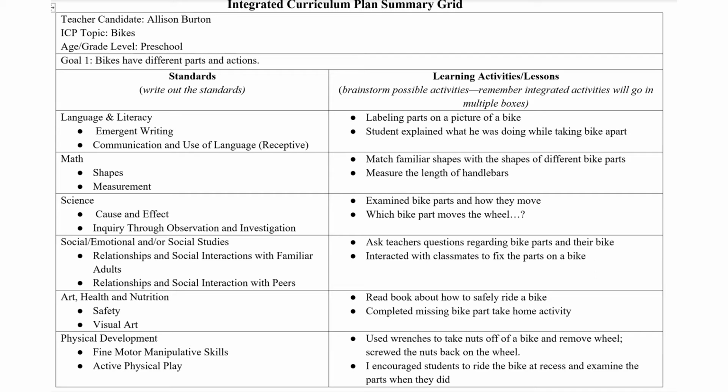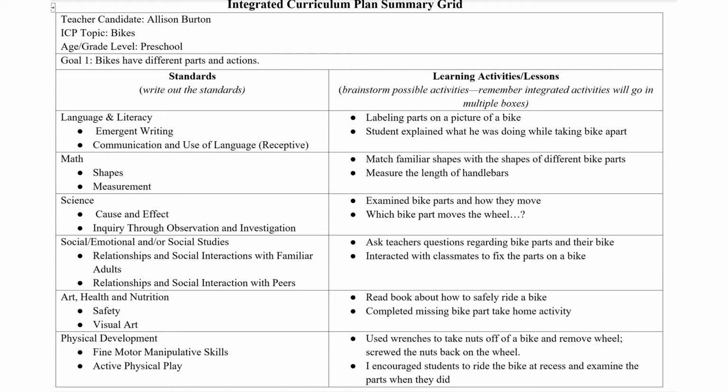What are the overarching concepts that you can teach about your topic? So for example, goal 1, bikes have different parts and actions. That comes from the parts of a bike concept. So you just take that concept and you flip it around into a goal statement. Another one of the goals that Allison included on her curriculum plan was Goal 2.